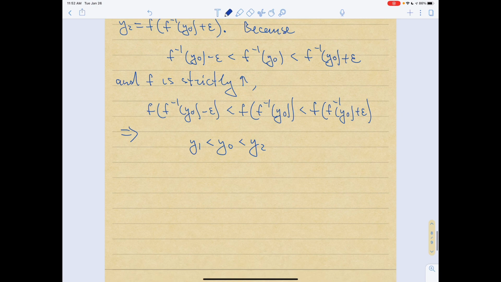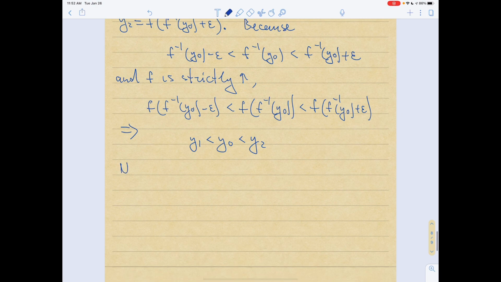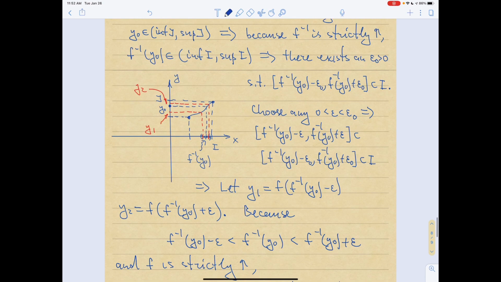And so now I'm not going to look at just y0, but at any y that lies between y1 and y2, so any y inside the red interval on the y-axis.